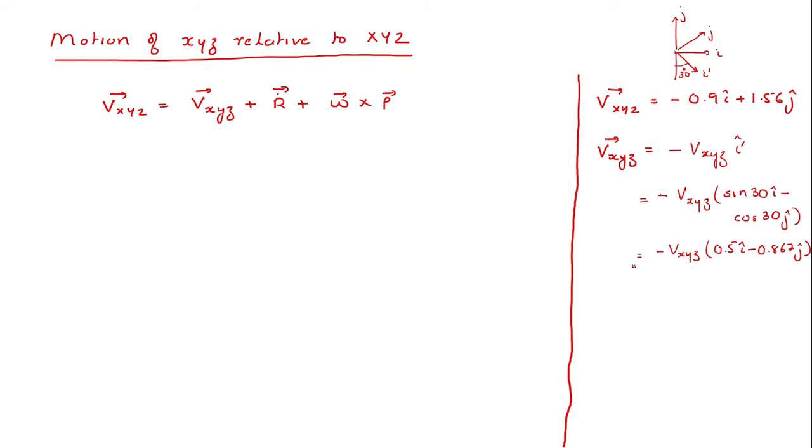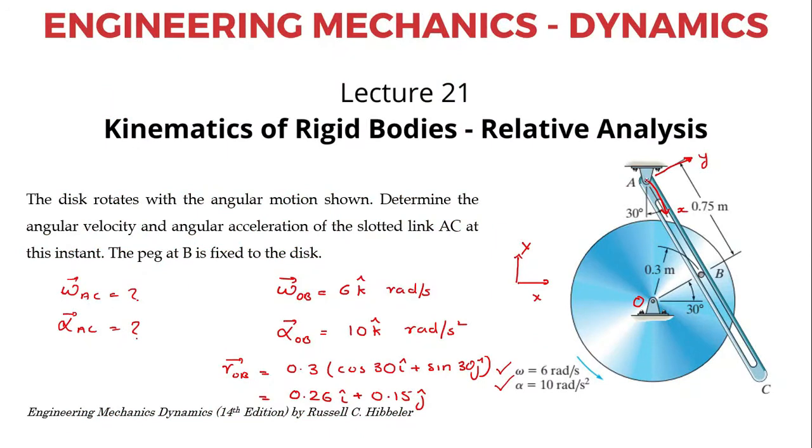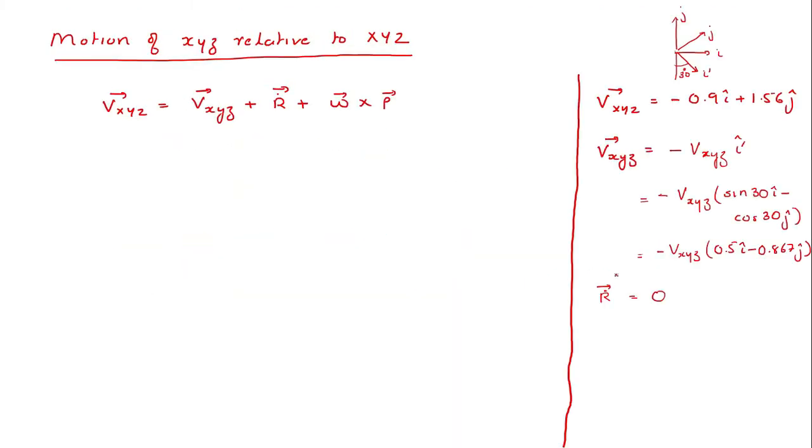Now the next term here is r dot vector. As I told you, r dot vector as such will be 0, since the corresponding origin of the secondary frame A is fixed with respect to the fixed frame capital XY. Now the next term is omega.